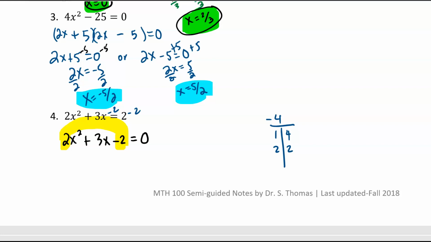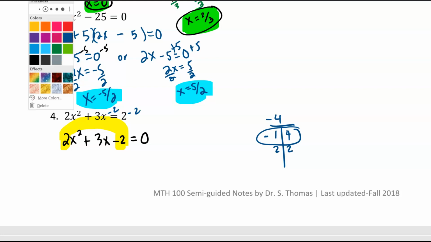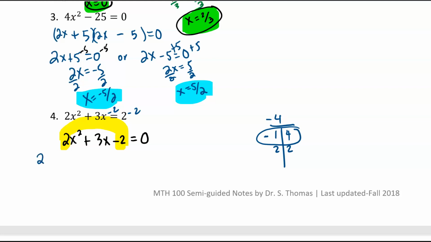So it looks like to me that a -1 plus 4 will work for a +3. So let's expand this to 2x squared plus 4x minus 1x minus 2.